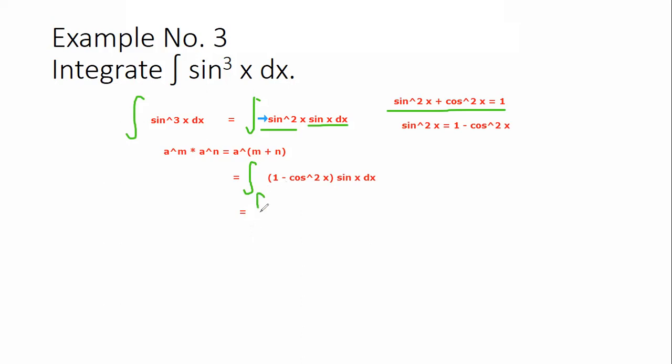So this will be the integral of sine x dx, minus the integral of cosine squared x sine x dx.